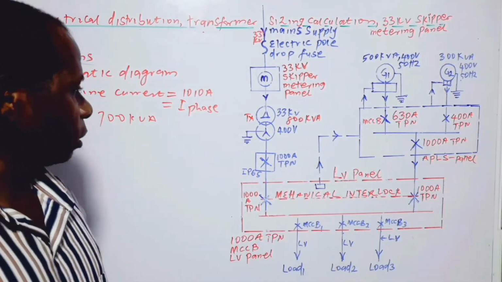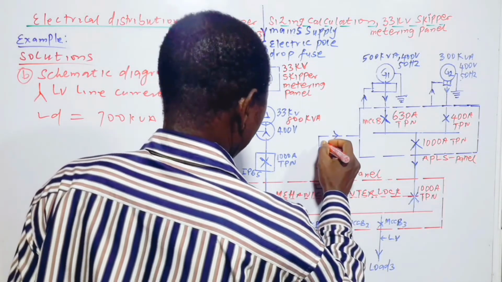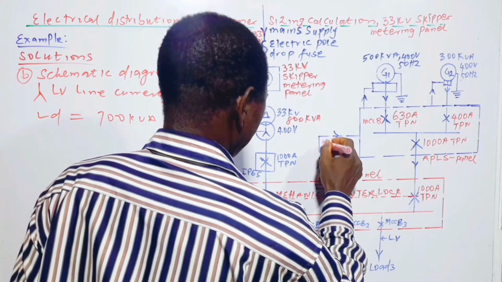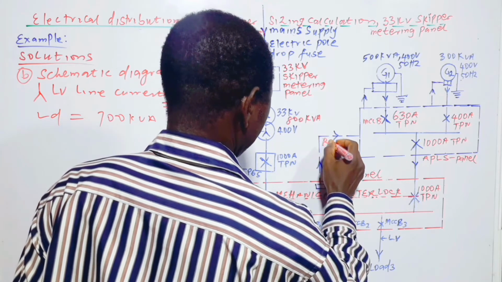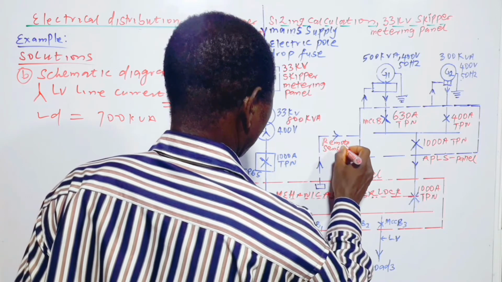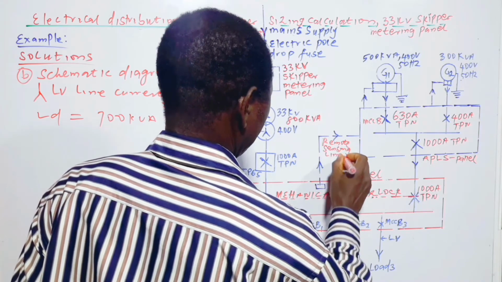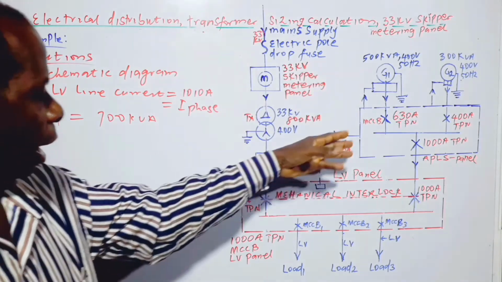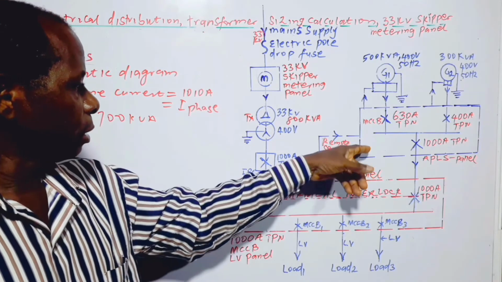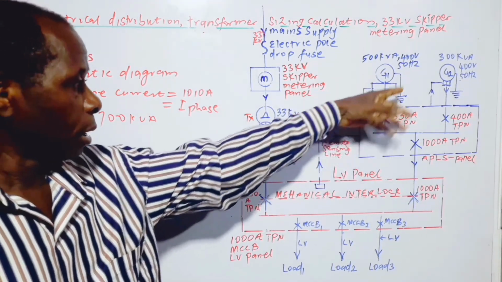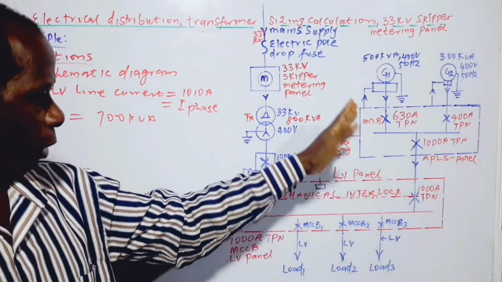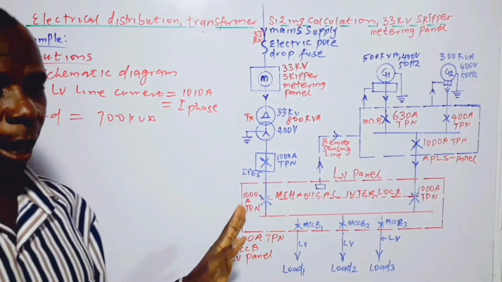So this is a remote sensing line, and depending on the signal received, this panel can signal to these generators whether to switch on or switch off, any of them, as the situation arises.